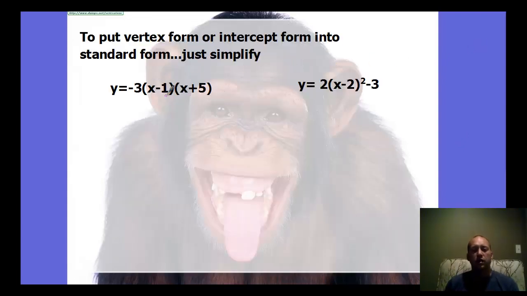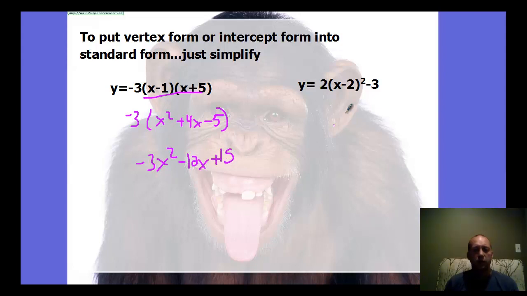So we can put these equations into standard form just by simplifying. It's a good review of FOIL. So that would be x squared plus 4x minus 5. And you should become pretty quick at that. Then distribute the negative 3. So we have that result. Similarly, we have here, if we want to expand that, be careful.